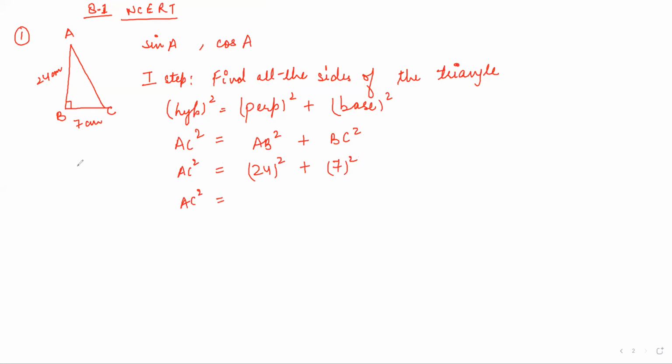How much is 24 squared? 4 into 4, 16. 4 into 2, 8 and 1, 9. Then 2 into 4, 8. 2 into 2, 4. So I'm getting 576. And 7 into 7 is 49. So my AC square is 6 plus 9 is 15, carry 1, 8 and 4, 12 and 6, 25. So my AC is the square root of 625.